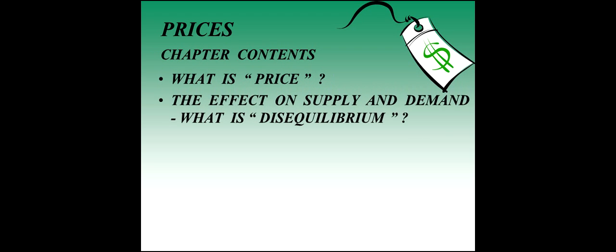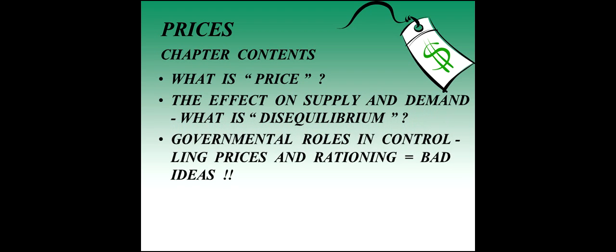The first thing we need to do is to give you a functional definition of price itself. Then we'll move on to taking a look at the effect that price has on supply and demand, and also consider the concept of disequilibrium. Moving on from there, we'll look at the governmental roles in controlling prices and the rationing of goods and services.